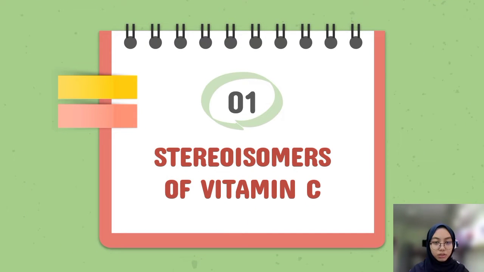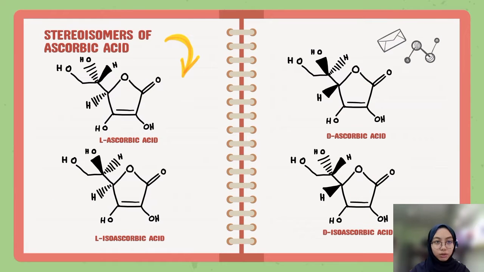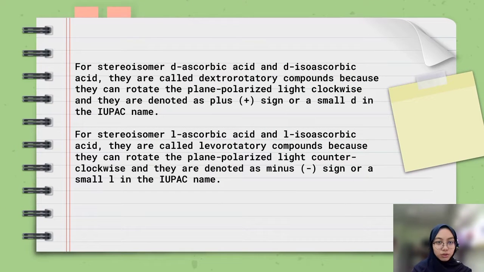Next, the stereoisomers of vitamin C. There are 4 stereoisomers of ascorbic acid, which are L-ascorbic acid, L-isoascorbic acid, D-ascorbic acid, and D-isoascorbic acid. D-ascorbic acid and D-isoascorbic acid are called dextrorotatory compounds because they can rotate the plane polarized light clockwise, and they are denoted as a plus sign or a small d in the IUPAC name.